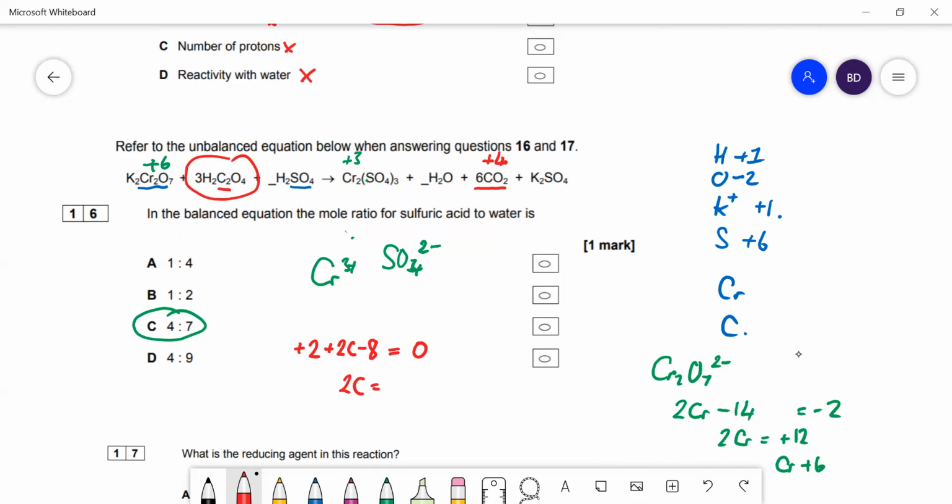So 2 carbons is equal to +8 - 2. 2 carbons is equal to +6. The oxidation number of carbon is +3. So the carbon becomes oxidized. It goes from +3 to +4. So the carbon is oxidized. So that means this species is the reducing agent.